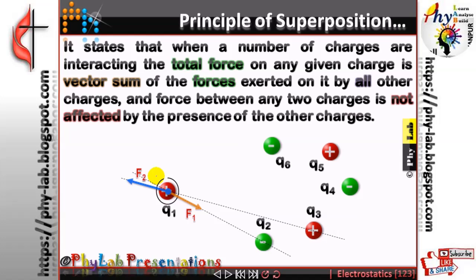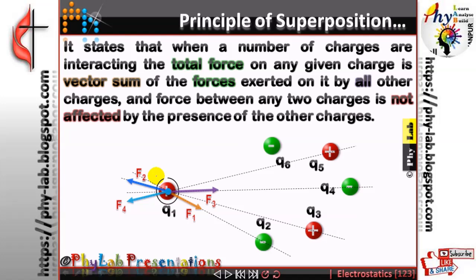Now what about Q4? Let's join the centers of both the charges. Again, they are unlike natured. What are the unlike nature forces? They are attractive forces. Q4 is going to pull Q1, and this particular force once again will act along the line joining the two charges. Let's call it F3. Now I got another charge, Q5. What nature? Like natured, it's going to push Q1 away, and let's call that force F4.